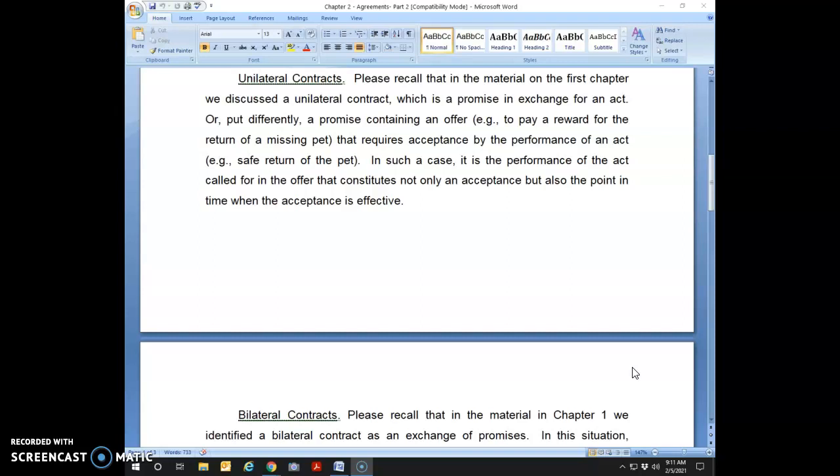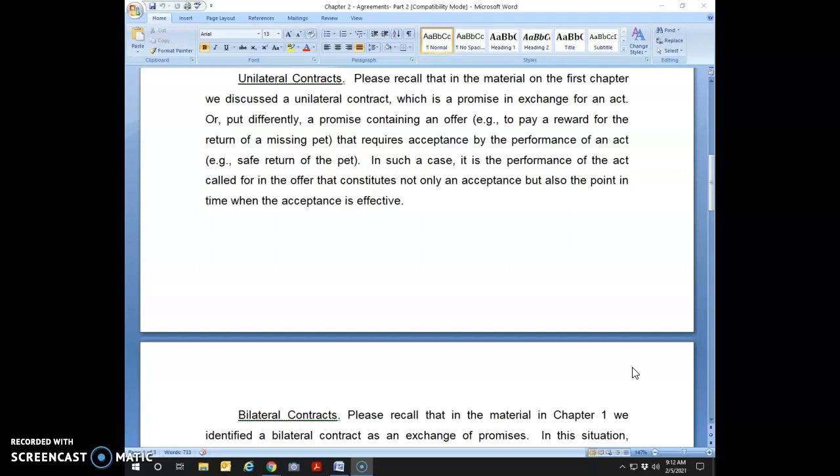In other words, the person has lost jewelry, a lost pet, whatever, and makes an offer perhaps to the general public that I will pay X number of dollars if my missing jewelry is returned or if my pet is returned. When someone returns the missing jewelry or returns the missing pet, we now have the formation of a unilateral contract.